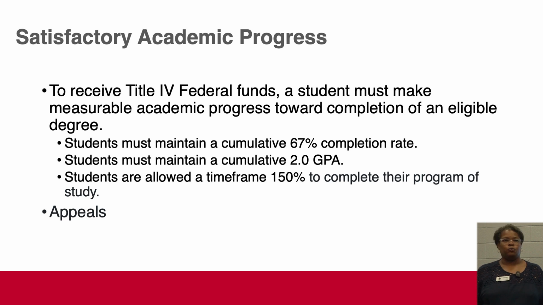So say if you had an illness or a car wreck or death in the family, those are appealable situations, but if you just decided not to go to class, then that appeal would be denied. And our appeal committee is allowed up to 14 days to look over the appeal and grant you either approval or denial before we can award aid to your account. So we do ask that you please keep an eye on your student email.